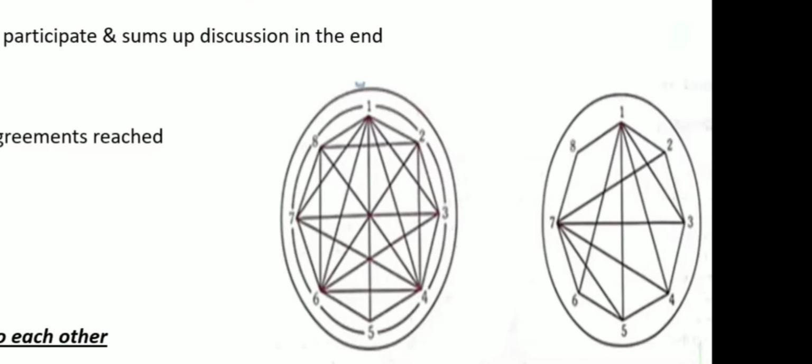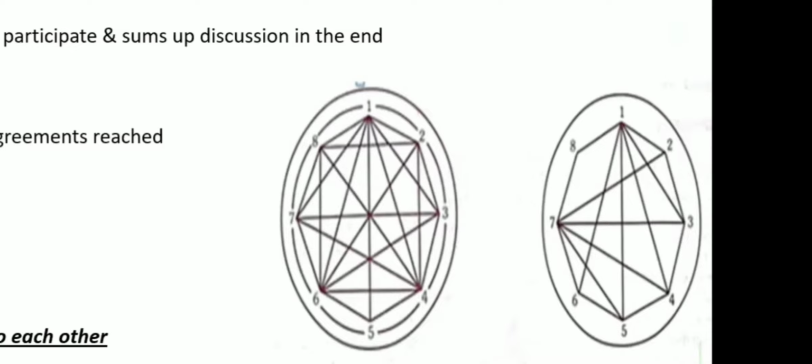In case of a dominated group, only certain members who are very dominating will take part, whereas those who are shy may not take part in the discussion. That is how there will be unequal participation of the members.